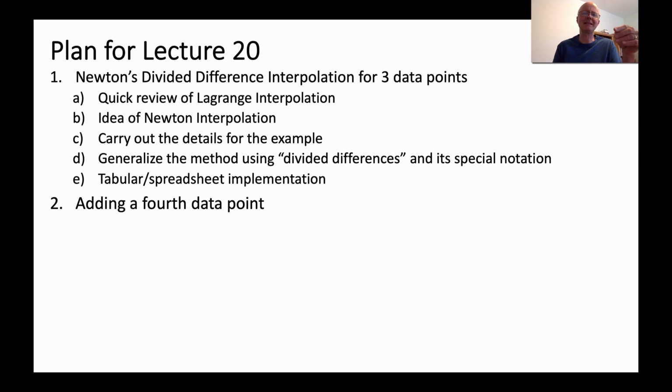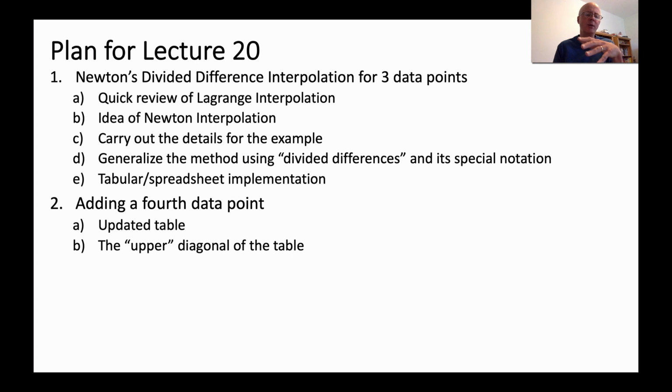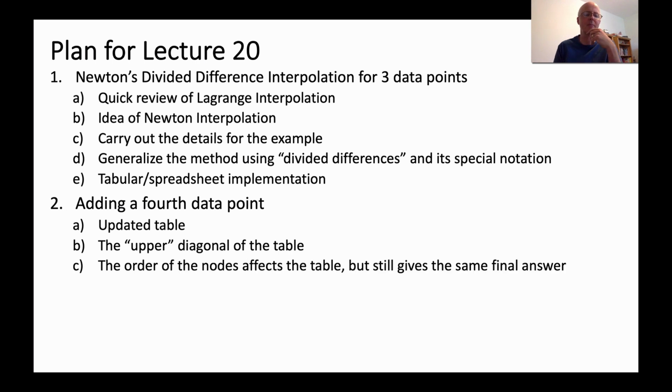And in fact, it's this addition of extra data points which makes this method pretty nice in some ways. We can do it pretty nicely by updating the table either by hand with a calculator to help you or in a spreadsheet. We'll focus on the most important part of the table, called the upper diagonal. You'll see what I'm talking about when we get there.